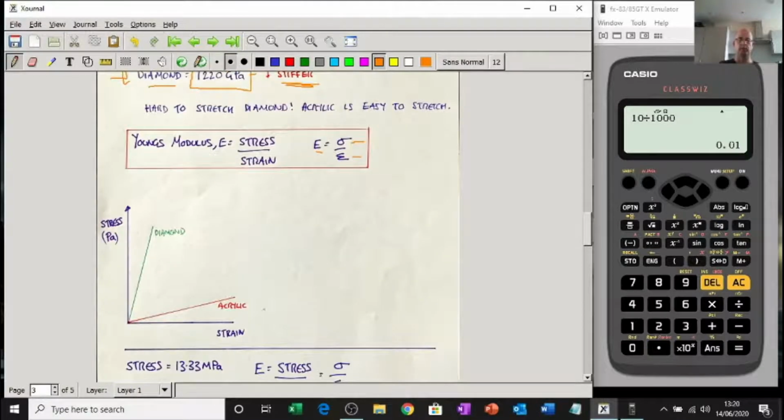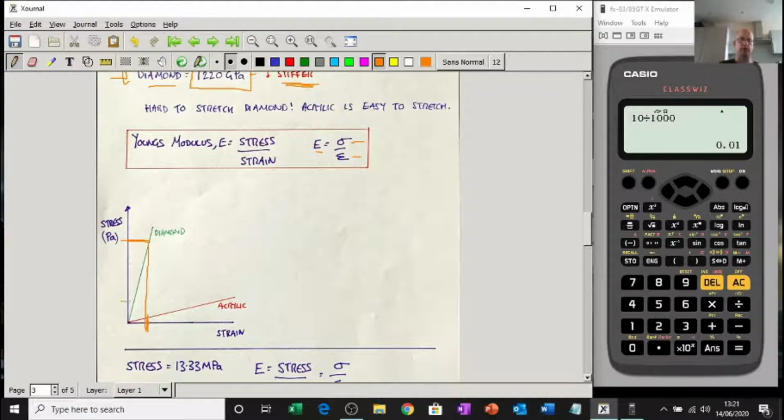So in materials, we'll probably do a graph like this, a stress-strain graph. And the steeper the curve, the higher the Young's modulus, because here's your stress. So you need a lot of stress, this is high stress here to stretch. Don't forget, strain is linked to change in length. So this is really equivalent to a very low change in length.